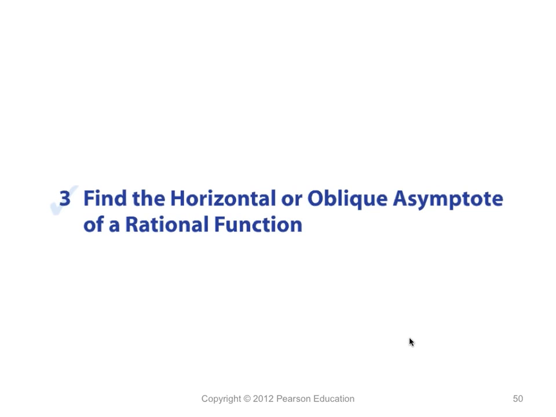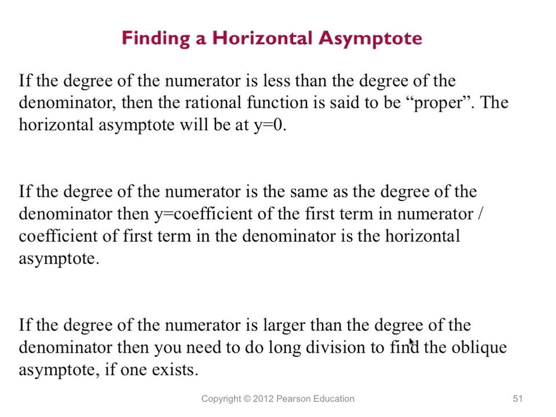Now we can also find horizontal or oblique asymptotes. So we have some rules here. If the degree of the numerator is less than the degree of the denominator, then what we say is that our rational function is going to be proper. Okay, so the horizontal asymptote is going to be at y equals 0.